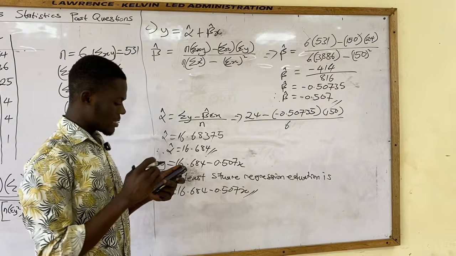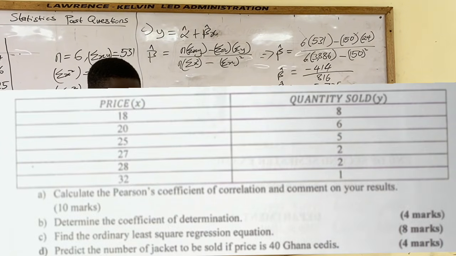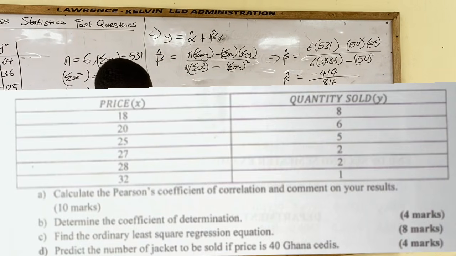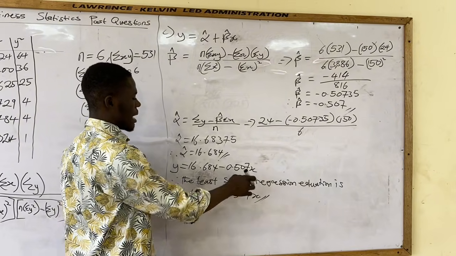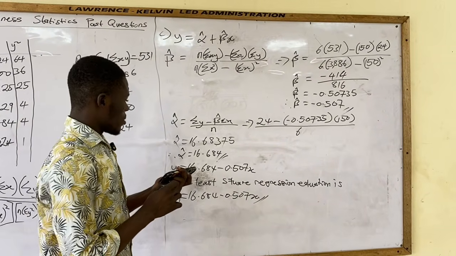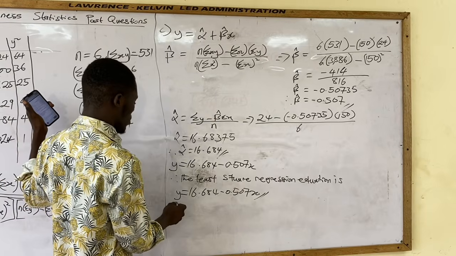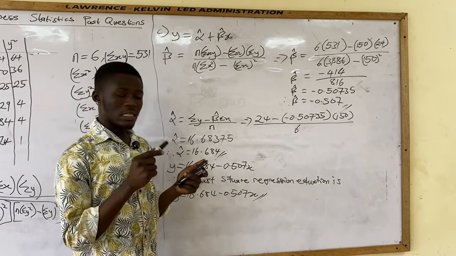Then part D says to predict the number of jackets to be sold if the price is 40 Ghana cedis. Now we have the equation. They are asking us to predict the quantity to be sold. We know that y was the quantity sold and x is the price. So the price is 40 cedis here.